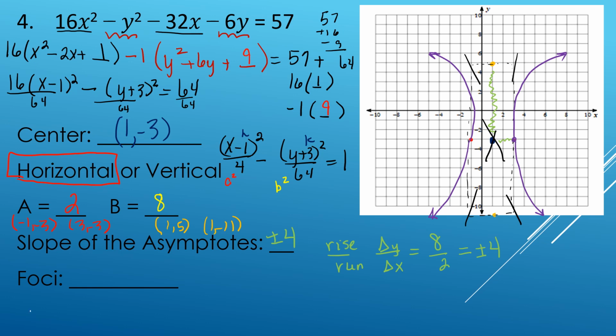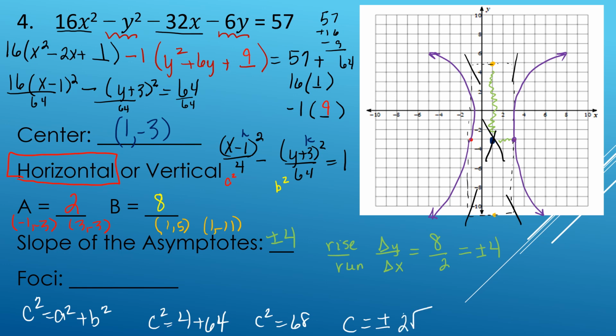Last part is to get the foci. c squared is a squared plus b squared. So we have c squared equals 4 plus 64, which is 68. And the square root of 68 gives us both positive and negative. That's 4 times 17, so 2 square root 17. And this value, again, we are going to add to the x coordinate of the center because we have a horizontal hyperbola.